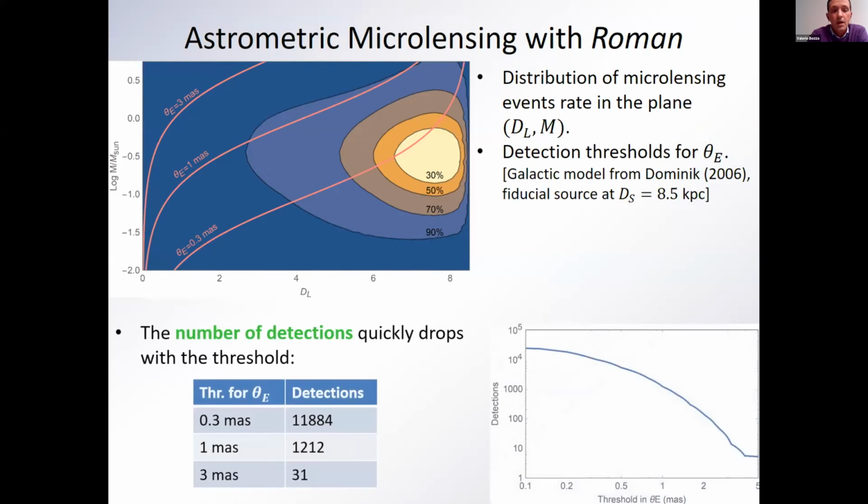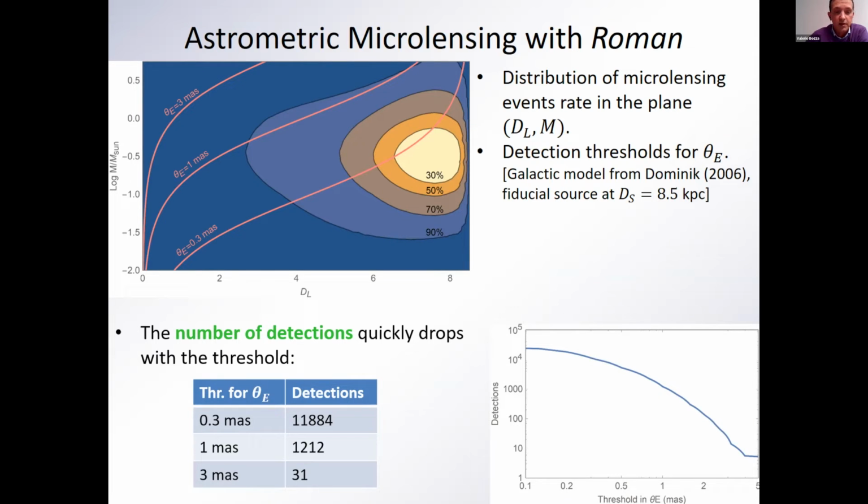The number of astrometric detections we expect is very sensitive to the threshold we have for the angular Einstein radius, and this depends on our understanding of systematics, as I said before. If we keep an optimistic threshold of 0.3 milliarcseconds, then most microlensing events would also be detected by astrometry.